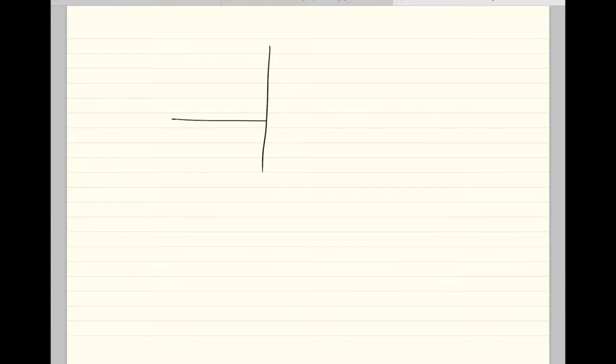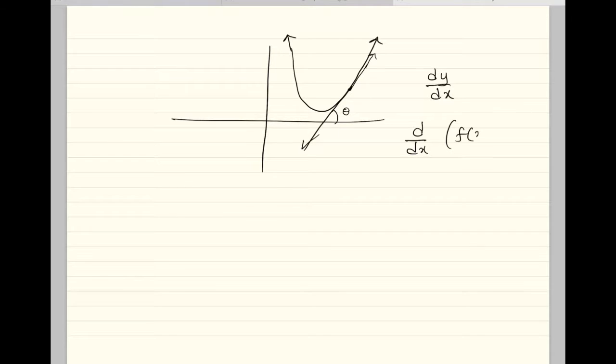Suppose if you have some function like this, let's say at this point if you draw tangent, its slope will be nothing but dy by dx or whatever, d by dx of f of x at that particular point. When you do differentiation of f of x and you substitute that particular x value, you will get the slope of the tangent.